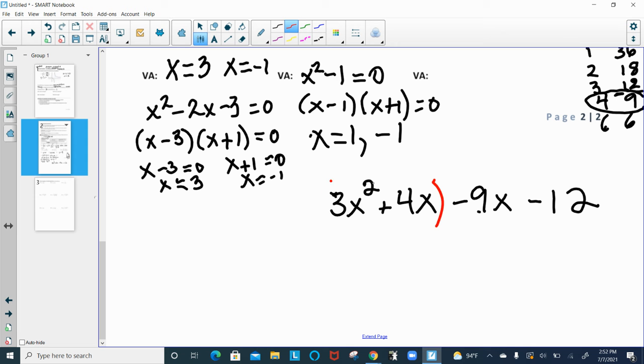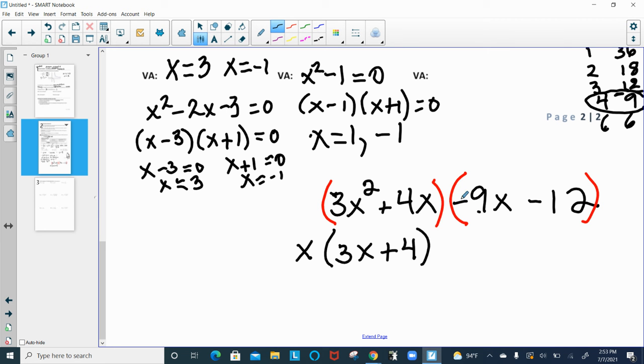So I'm going to group the first group, the second group, and out of each group, I'm going to take out a greatest common factor. Well, 3 and 4 don't have any factors in common. The only thing that I can take out here is an x. Now, 9 and 12, hopefully that's ringing a bell in your head. Those are multiples of 3 and 4.